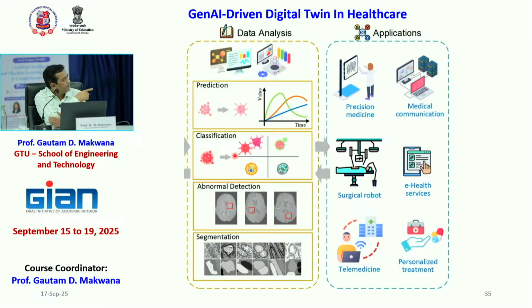And this will help in precision medicine, medical communication, and surgical robots. A surgical robot where a human is able to control unseen, unsaid conditions. Something is based on the experience of the doctor.